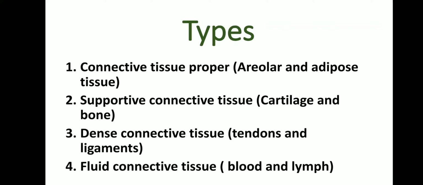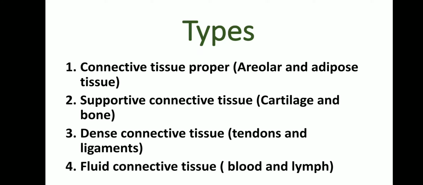Number 1. Connective tissue proper. It is of two types, areolar and adipose. Number 2. Supportive connective tissue is of two types, cartilage and bone. Number 3. Dense connective tissue is of two types, tendons and ligaments. Number 4. Fluid connective tissue, blood and lymph.